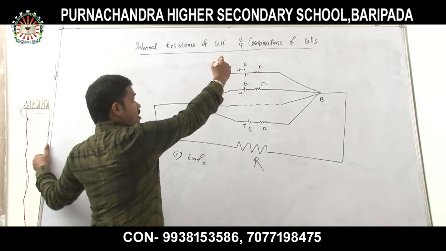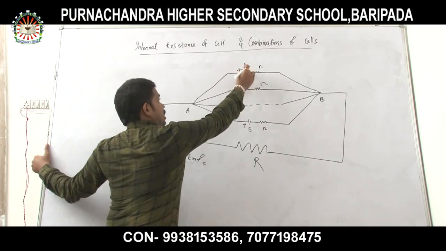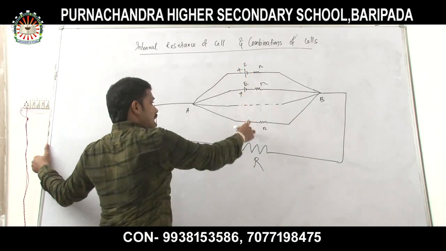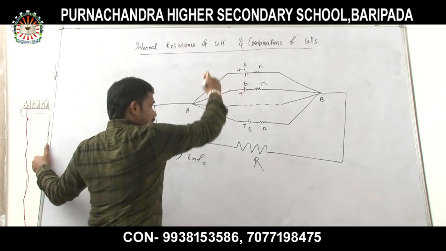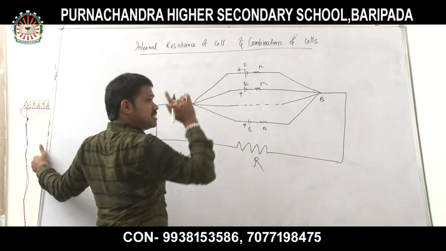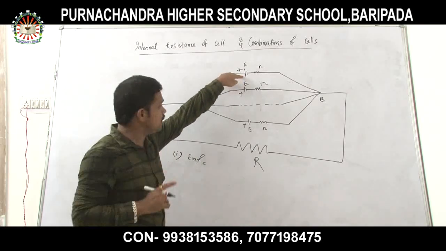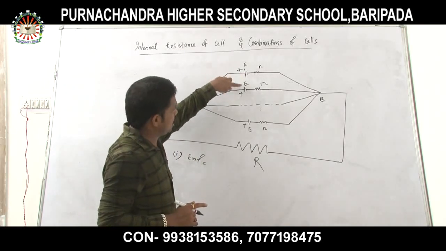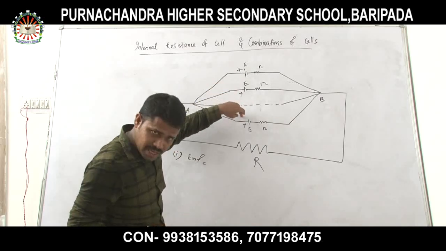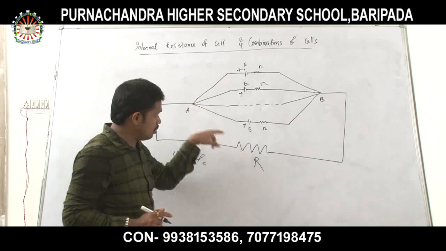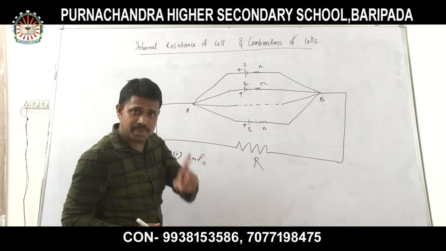Remember, in the parallel combination the cells have the same EMF. Then the net EMF is the same as the EMF of one cell. Again I will repeat: if all the cells having EMF E are connected in parallel, then the net EMF of the combination becomes the EMF of a single cell.